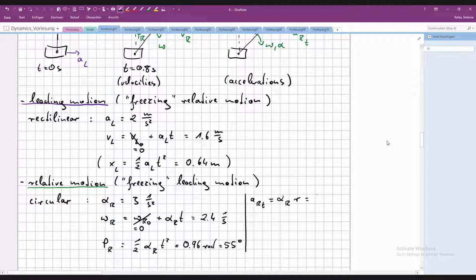So this is 1.5 meter per square second. AR normal, omega r square times radius, which is 2.88 meter per square second.